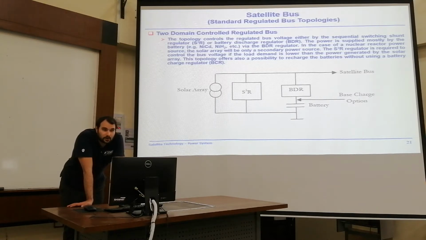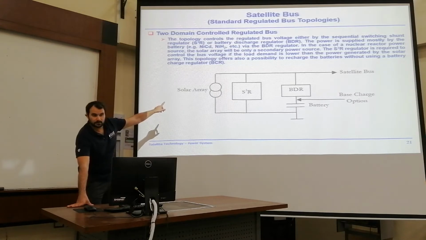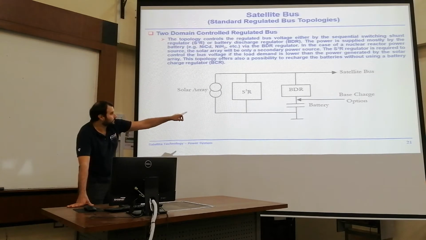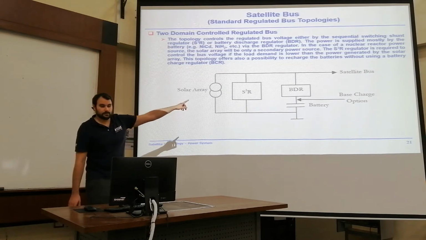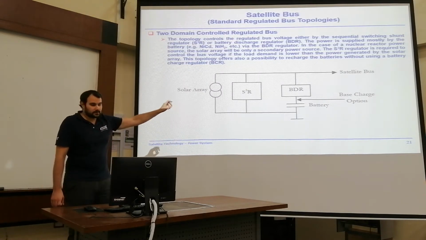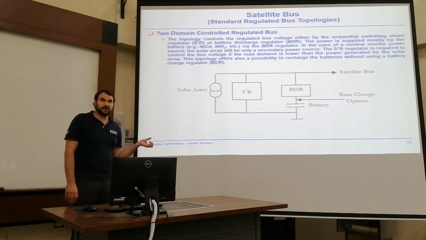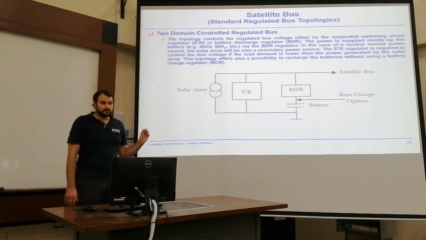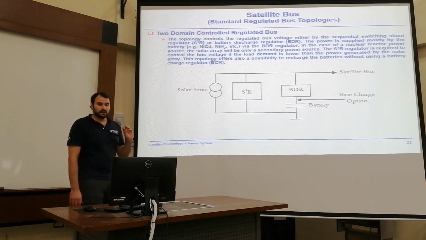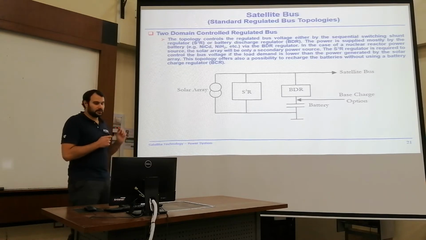And in the case of the nuclear power source, the solar array will only be the secondary power source. The S3R regulator is required to control the bus voltage if the load demand is lower than the power generated by the solar array. That means this topology offers the possibility to recharge the batteries without using a battery charge regulator.